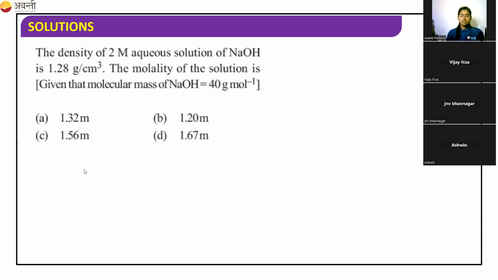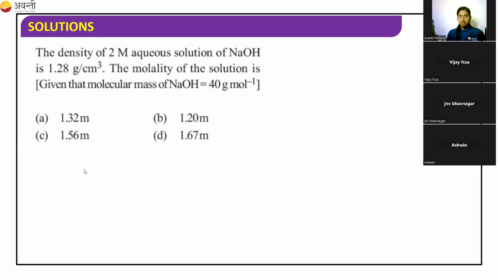The first question is: the density of a 2 molar aqueous solution of NaOH is 1.28 gram per centimeter cube. The molality of the solution is, given that the molecular mass of NaOH is 40 gram per mole. First of all, try to find out what is given in the question.